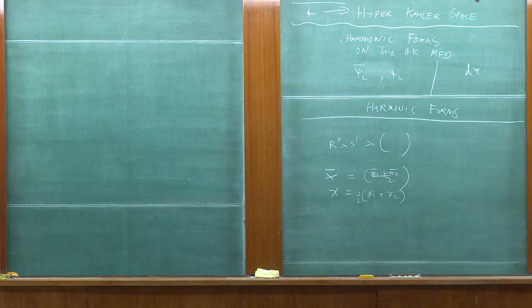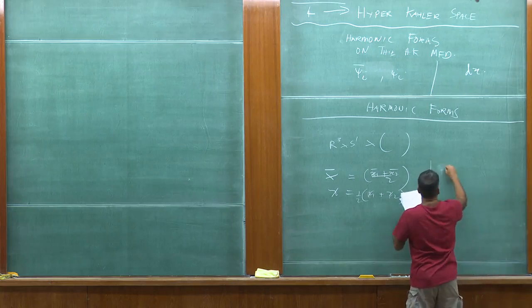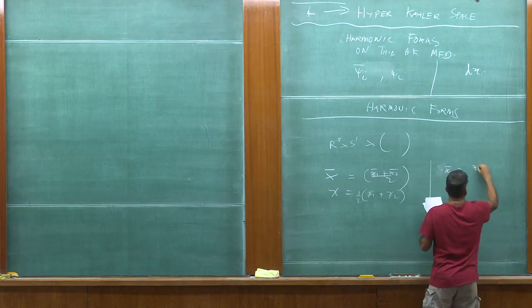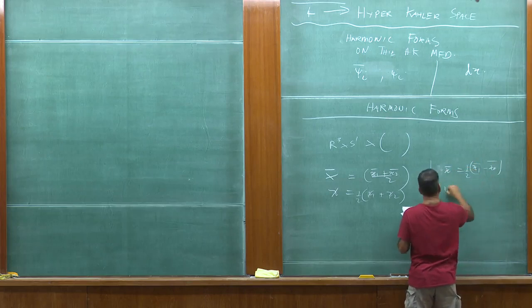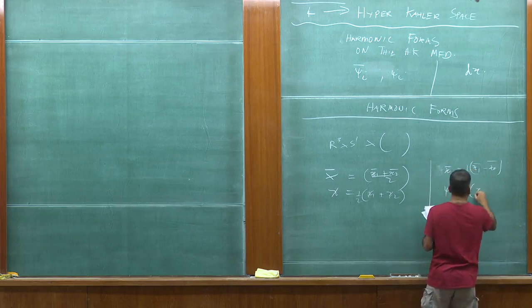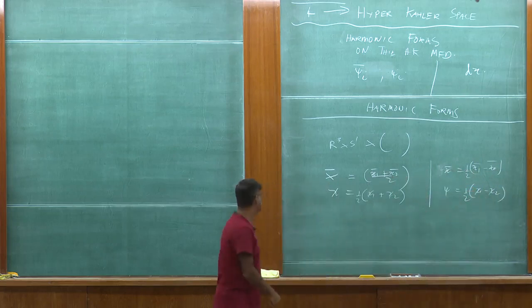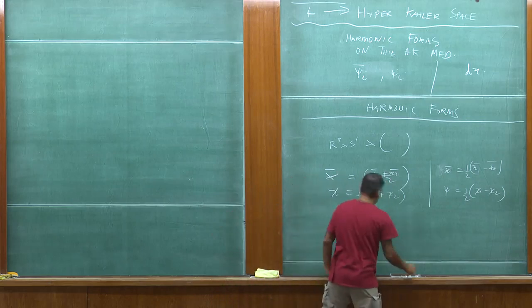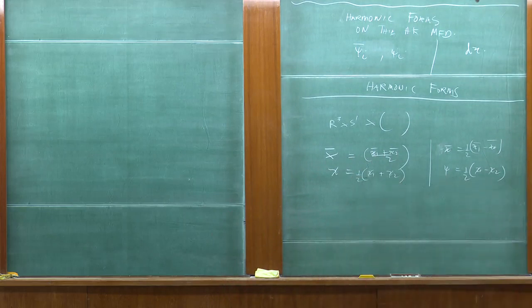You remember that the moduli space for each monopole was R3 times S1. And similarly, we'll define little x first: x is equal to x1 minus x2 over 2, and psi is equal to chi1 minus chi2 over 2. So this is the center of mass position and relative position, also center of mass position on the circle and relative position on the circle.